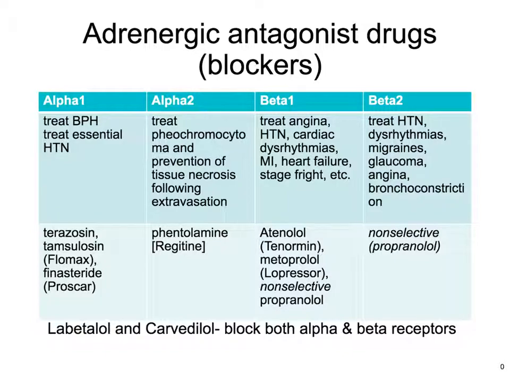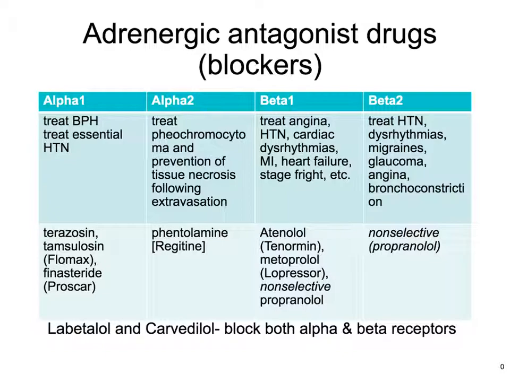Alpha-2 blockers are used to treat pheochromocytoma, which is a tumor of the adrenal gland. So this is the adrenal medulla alteration, which increases the secretion of norepinephrine. It also prevents tissue necrosis following extravasation.